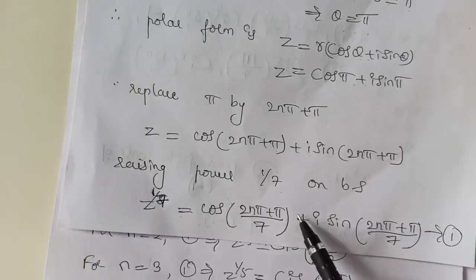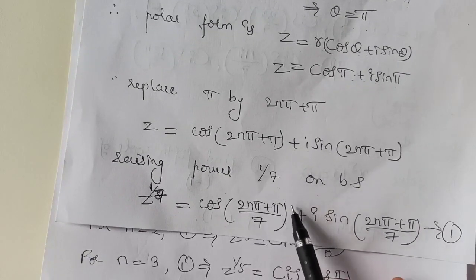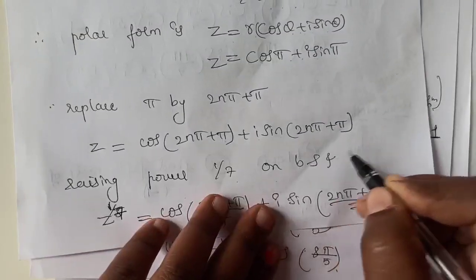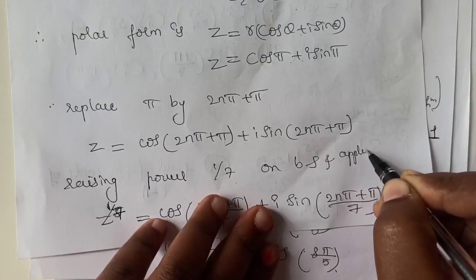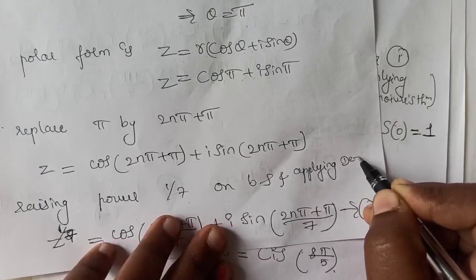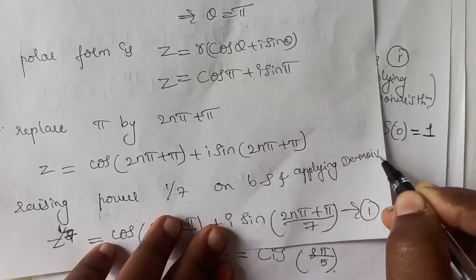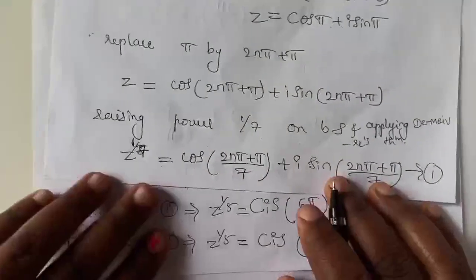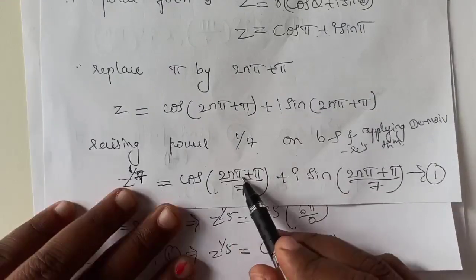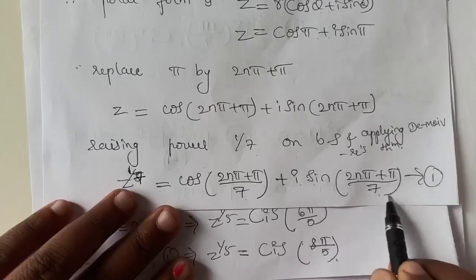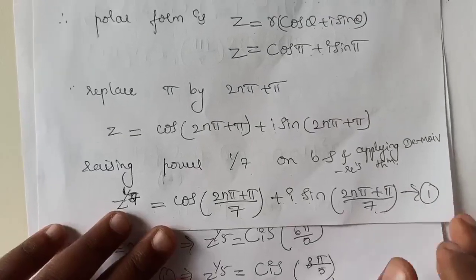Applying De Moivre's theorem, we get cos of (2n pi plus pi) divided by 7 plus i sin of (2n pi plus pi) divided by 7. Consider this as equation 1.